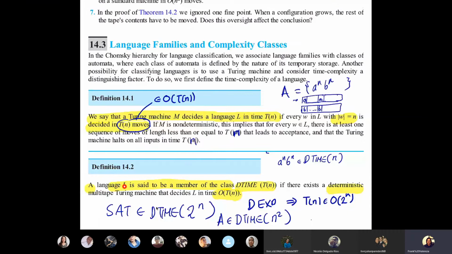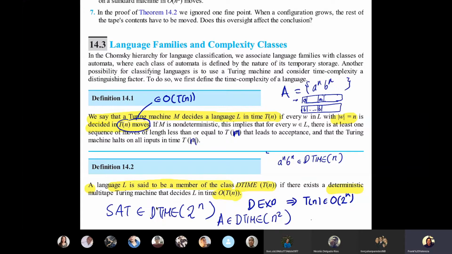Okay, so second definition: a language L is said to be a member of the class DTIME, the D is for deterministic, T of n, if there exists a deterministic multiple tape Turing machine that decides L in time O of T of n. So for example, last class we argued that the SAT problem can be decided in deterministic time of order 2 to the n.